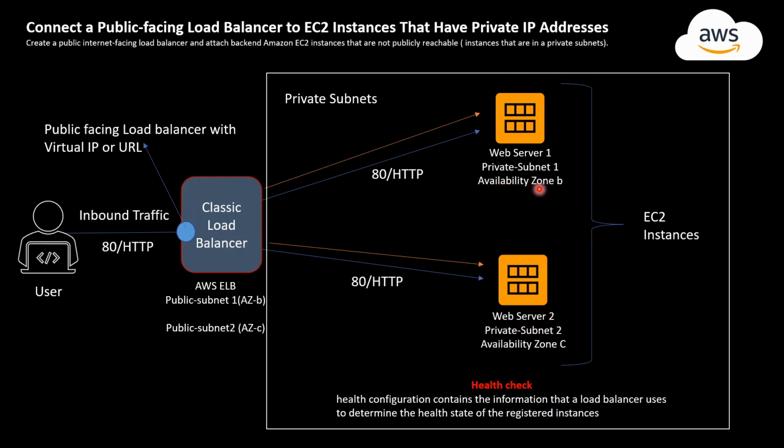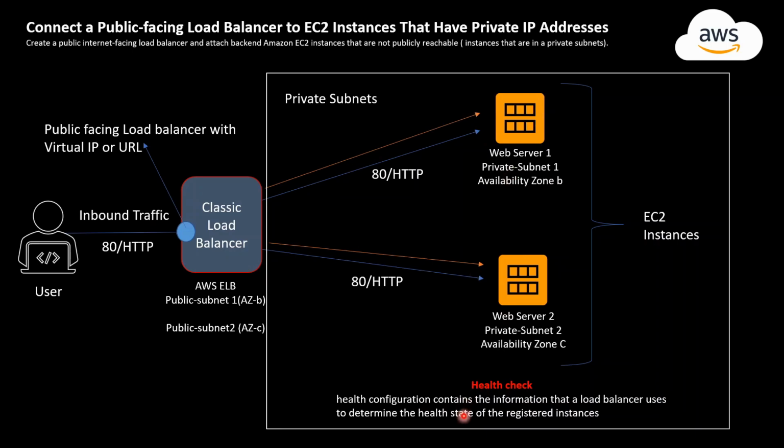One is in availability zone B, let's say, and the other one in C. So here we see the user using his browser, typing in the virtual IP or the URL that the classical load balancer provides, and reaching the load balancer using the default port HTTP 80. So the inbound traffic comes to the load balancer, then the classical load balancer, which is publicly facing, distributes the internet traffic to these two instances.